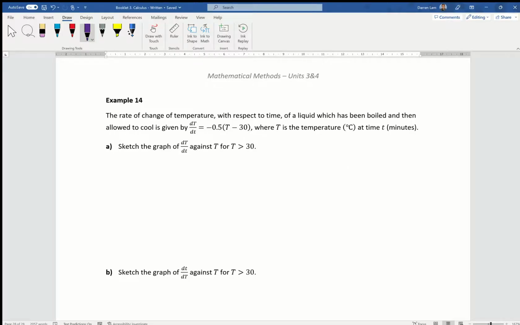So, again, very basic graphing. You can just do this in the calculator, really. There's no need for you to have to do this by hand. It just looks like that. Pretty easy. And this, of course, is for dt over dT. What are the axes there?